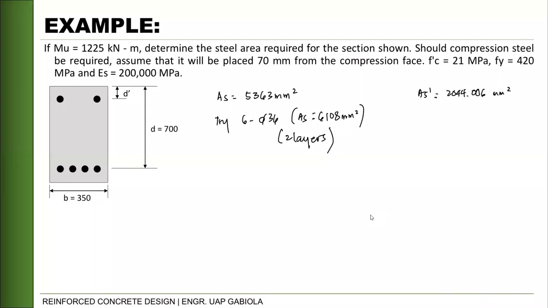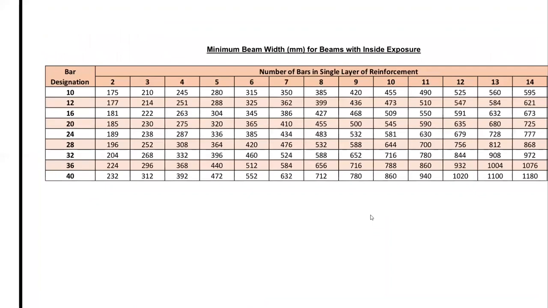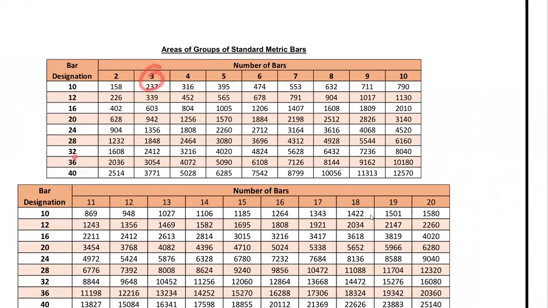Next yung sa As prime. So 2044 yung kailangan natin. So pag 36 na 3 pieces, that is 3054. Okay? Pag halimbawa 3, kailangan ay 2044 lang kailangan natin, ano? So pinapattern ko kasi yung magtatapat yung mga bakal, ano?